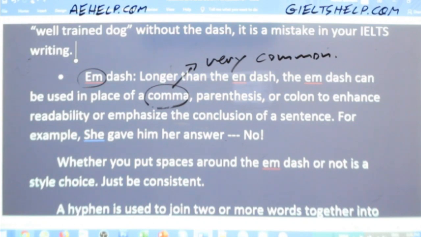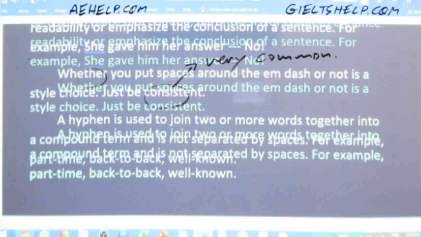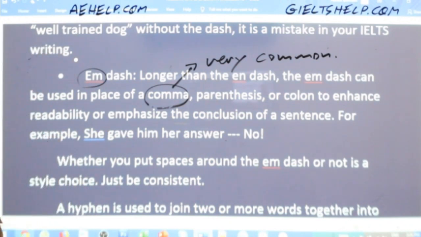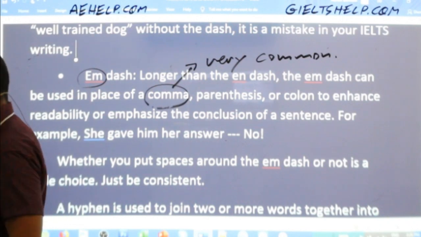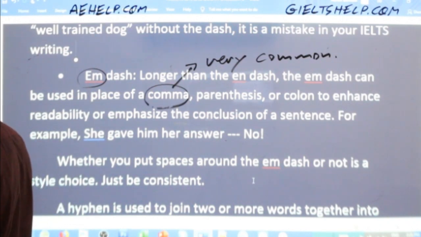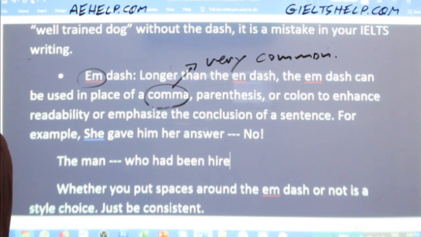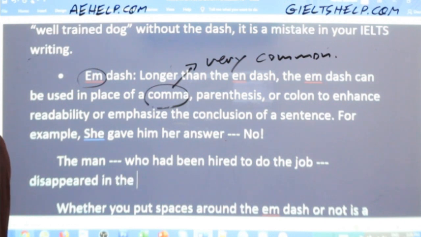Here, I'll give you an example. I don't see one here, but I'll give you an example. So: the man who had been hired to do the job disappeared in the Black Woods last Monday.